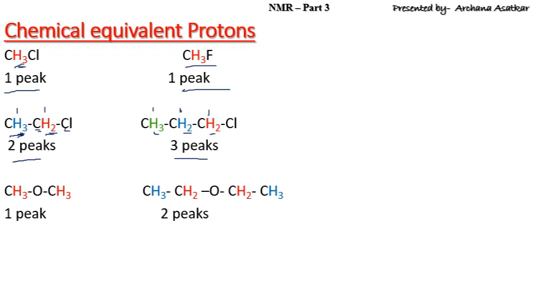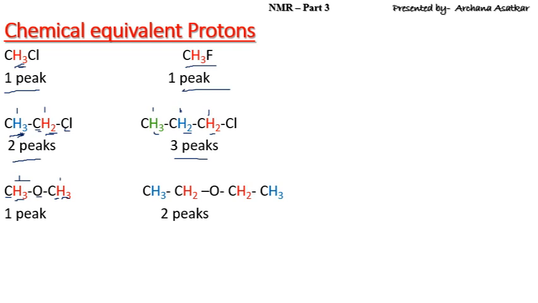Now let us take the example of dimethyl ether. In dimethyl ether, you will observe that these CH3 protons will give one peak because they are all similar: they are attached with this carbon, and this carbon is attached with oxygen, and this oxygen is attached with another CH3. These three protons are similar in nature, and they will give one peak. That means these CH3 protons are similar to the other CH3 protons.